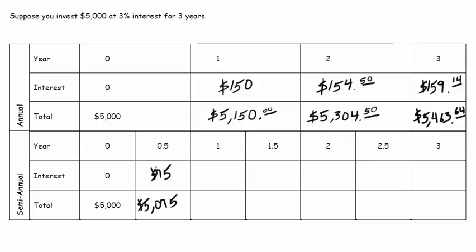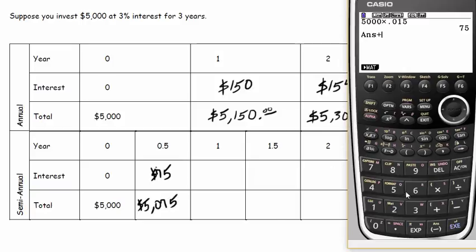And then at the end of the year, I get the other 1.5%. So I'm going to multiply this by 1.5%, and I get 76.13.